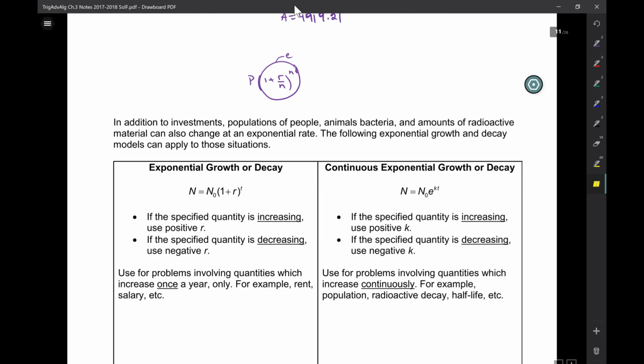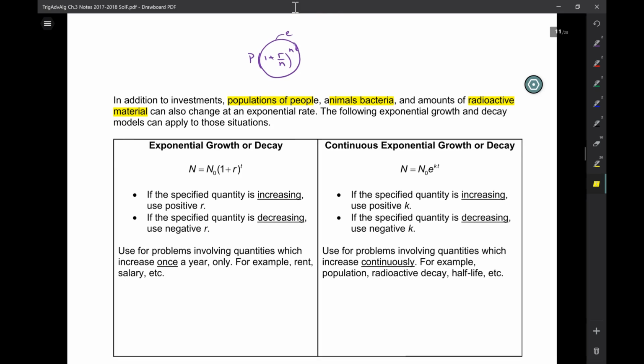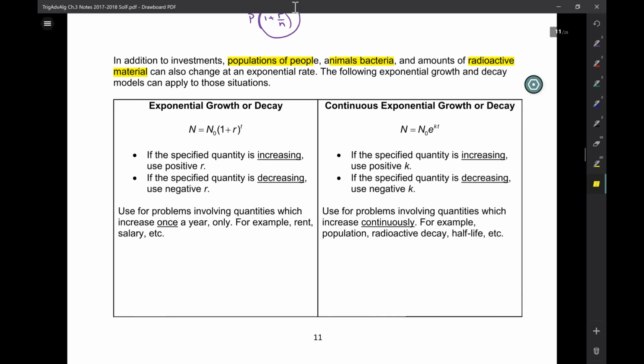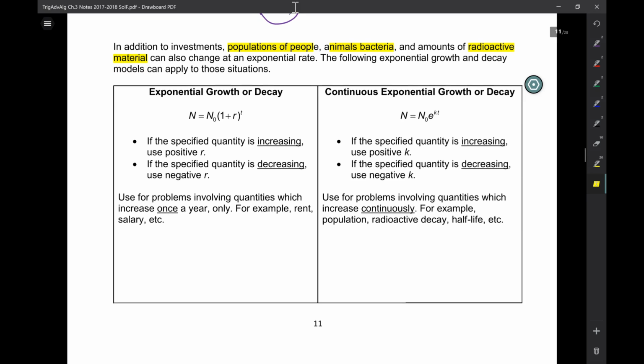In addition to investments, we use this stuff for populations of people, animals, bacteria, radioactive decay, okay? All of this stuff changes at an exponential rate. So, here are the formulas for exponential growth and decay. And I made this chart specifically for you guys.